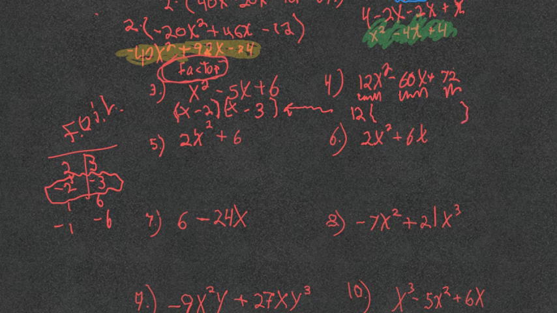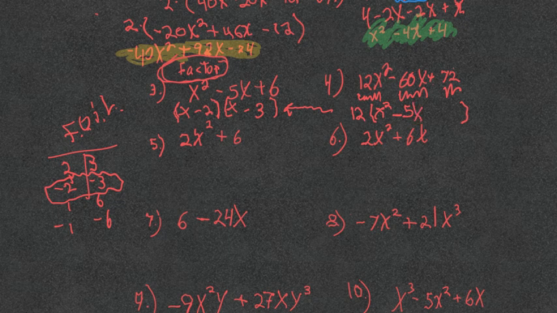So 12 times what gives me an answer of 12x squared? Well, 12 times x squared is equal to 12x squared. 12 times something gives me -60. So I would say 12 times -5, and I had an x there, put the x where it belongs.